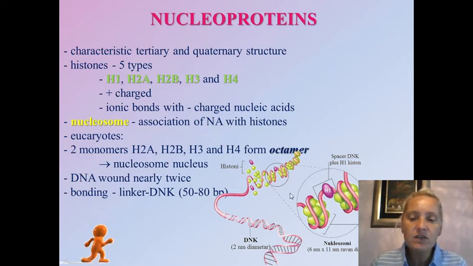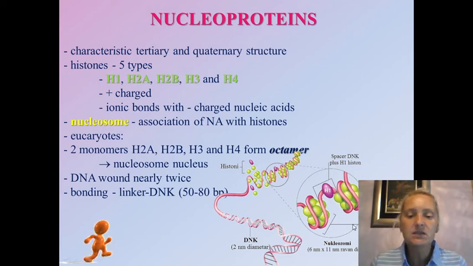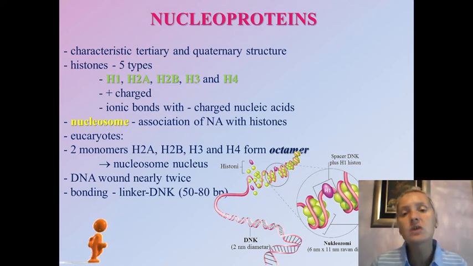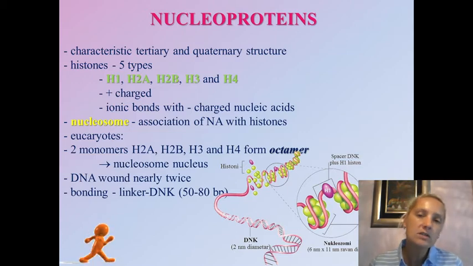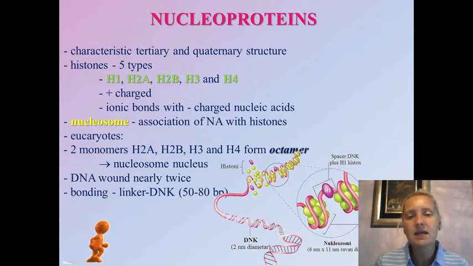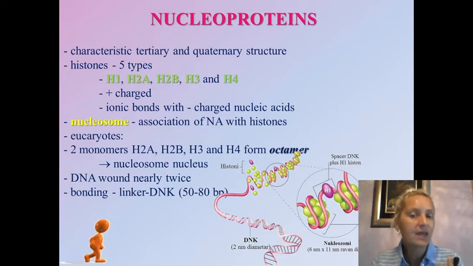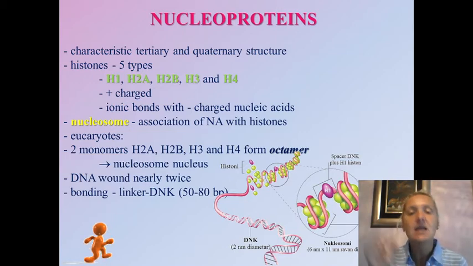One of the moieties of the complex nucleoproteins is the nucleosome. The nucleosome is formed upon the association of nucleic acid with histones in a very specific and strictly defined way.